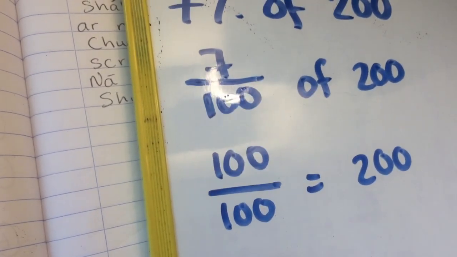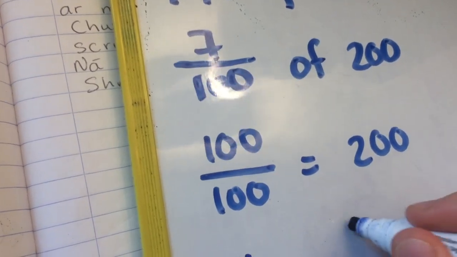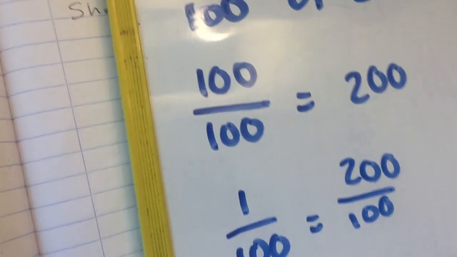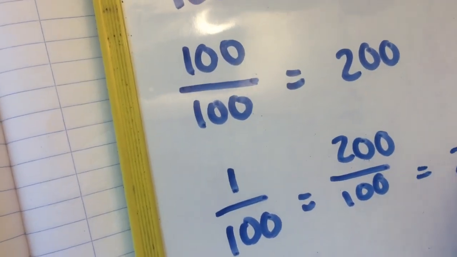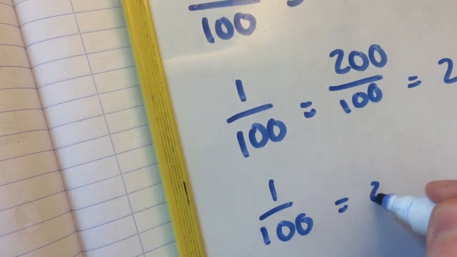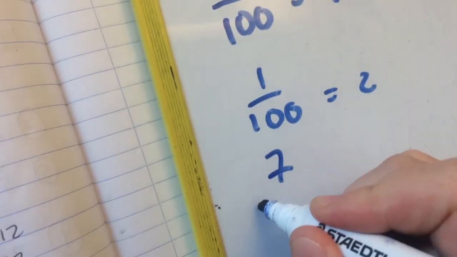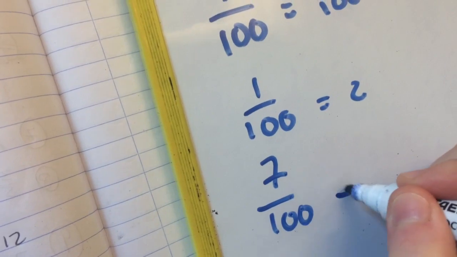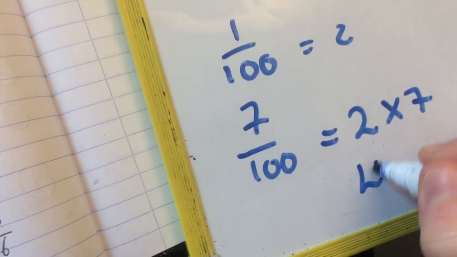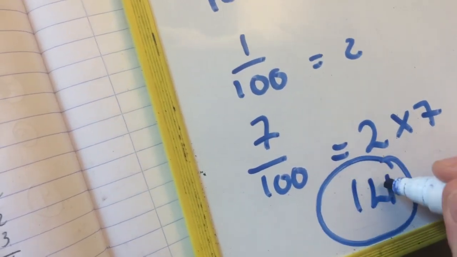So therefore 1 hundredth would be equal to 200 divided by 100, which is equal to what? 2. So if 1 hundredth is equal to 2, 7 hundredths is equal to 2 multiplied by 7, and so our answer then is 14.